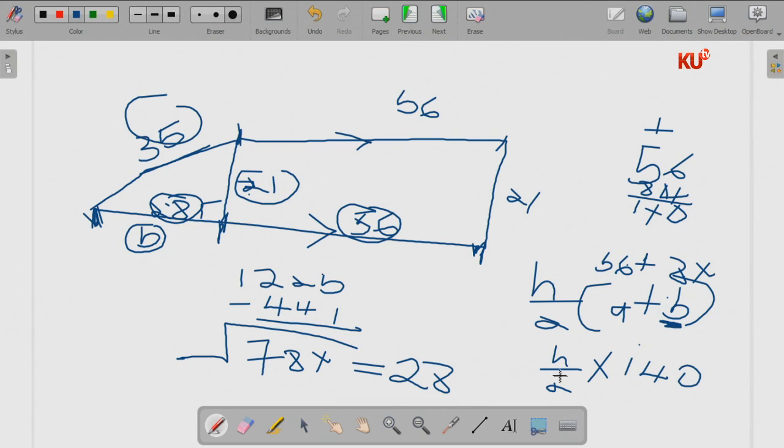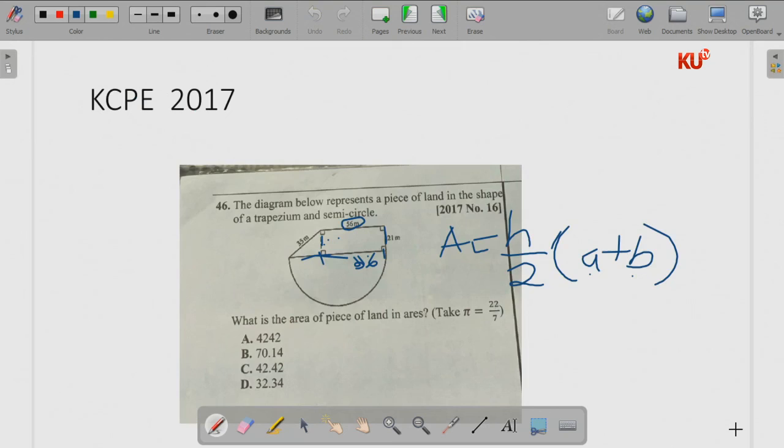I think I'm right. Am I right? Then now height here is 21. So this is 70. Then 21 times 70. What do you get? 21 by 70. Yes, 21 by 70. I hope all you learners are helping me. 1470. That is 1470. And if you check here, they were in meters, so you say square meter.